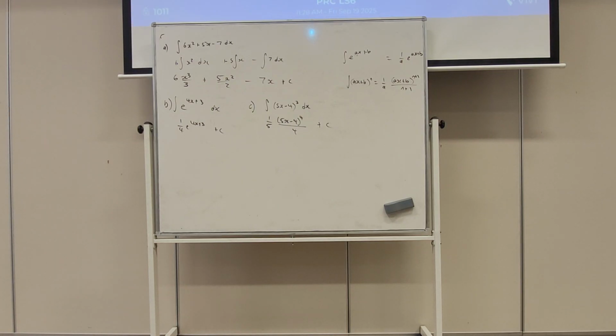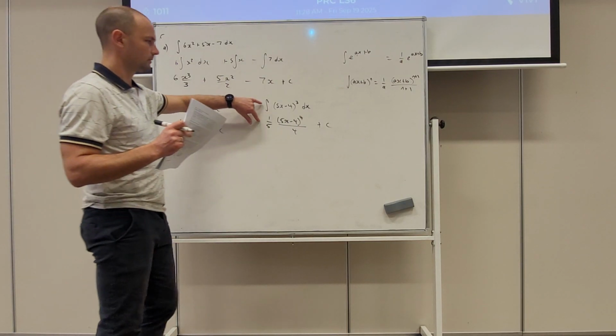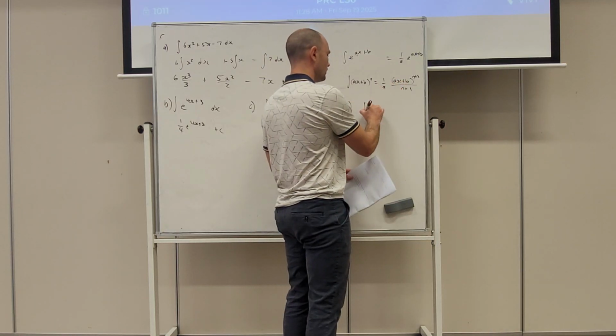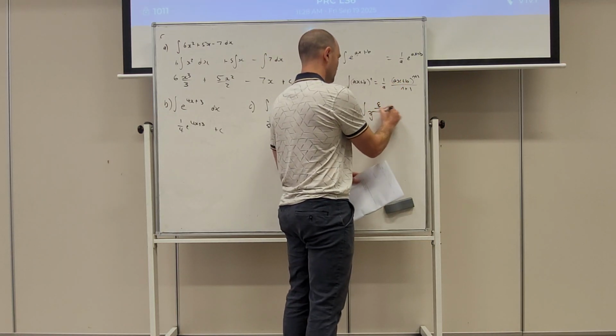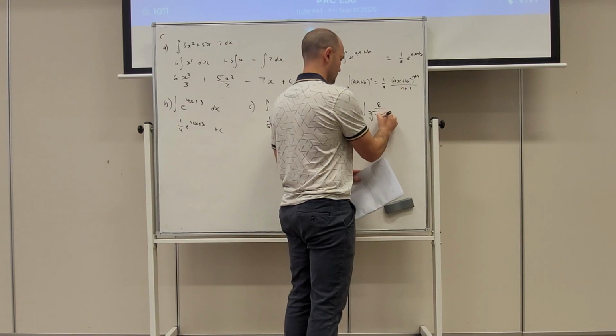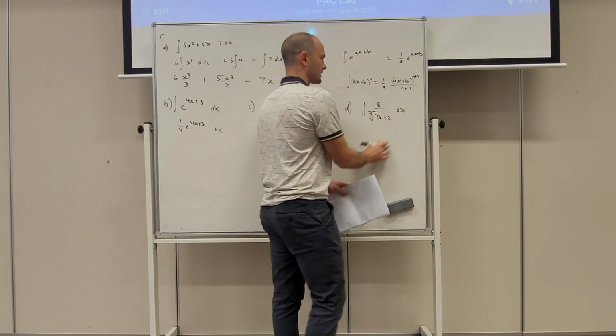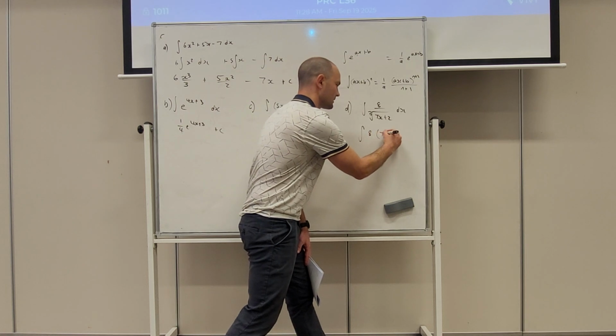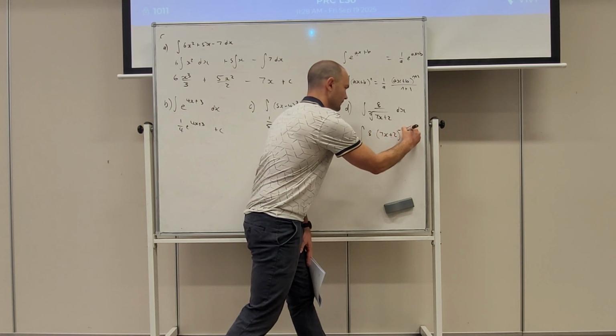All right, and then for D, D is another application of this rule. It's just a little bit more complex. We have the integral of 8 on top of the cubed root of 7x plus 2. So the first thing we want to do is express it in a manner ready to integrate. So we would write it as 8 times 7x plus 2 to the power of negative a third.